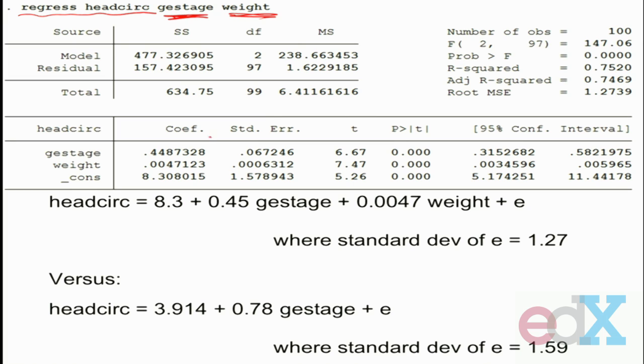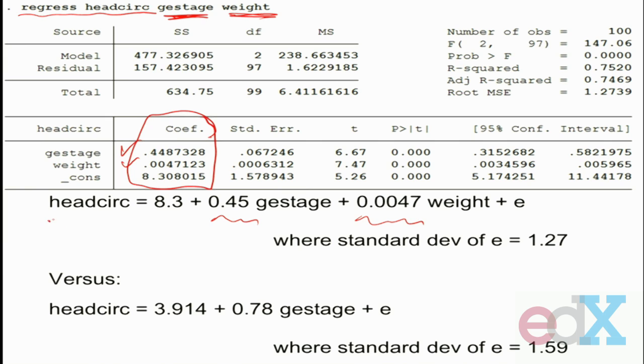So here are the coefficients now. And that's the coefficient for gestational age. It's 0.45. And the coefficient for weight is 0.0047. Now, these coefficients are not unit independent, because the head circumference was measured in centimeters. So the 0.45 times gestational age in weeks, so the units for 0.45 have to be centimeters divided by weeks.